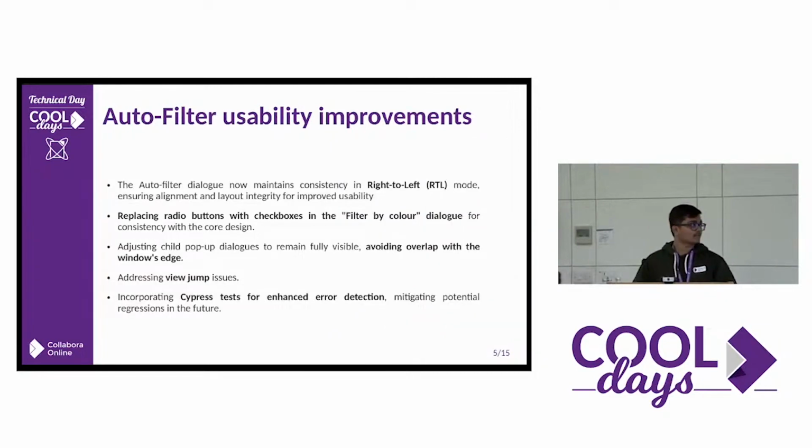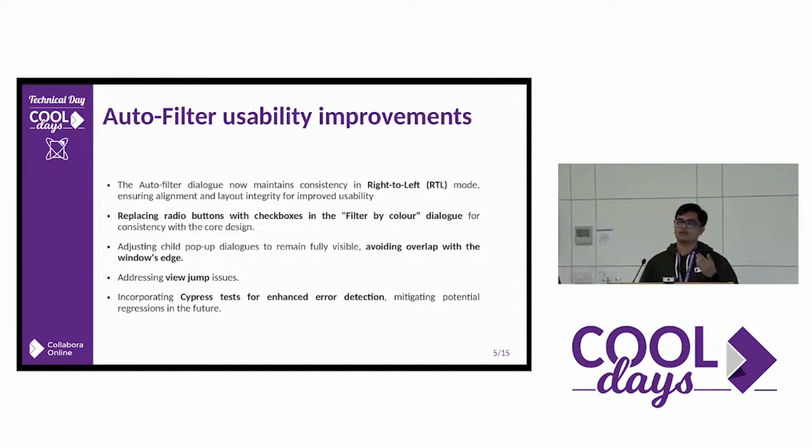There are some points that we need to consider. The first is making sure our pop-ups and auto filters are aligned also in right-to-left mode, rather than going on the left side as in normal mode. Also, we avoid the overlapping of sub-menu sections.